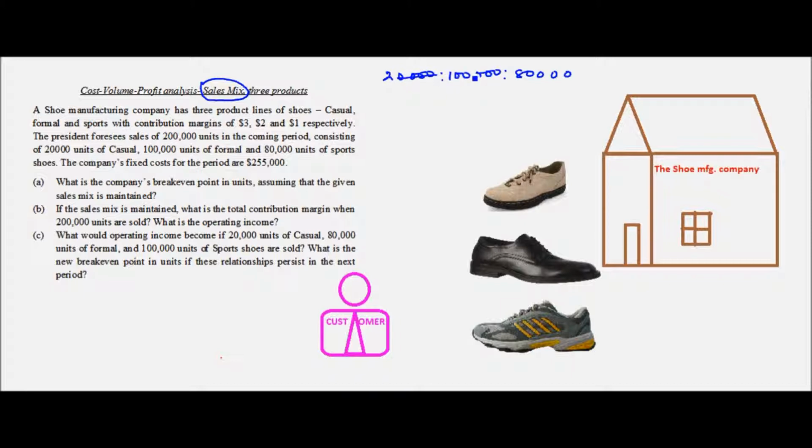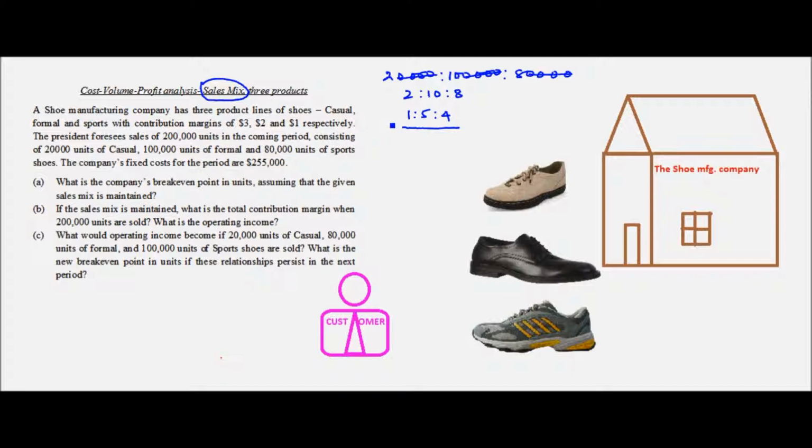We can remove these 4 zeros from each of these. So it becomes 2:10:8. And if we divide these numbers by 2, we get 1:5:4. So again, the definition of sales mix is the relative combination of quantities of products that constitute the total unit sales. So here the relative combination of quantities of products leads us to a ratio of 1:5:4.